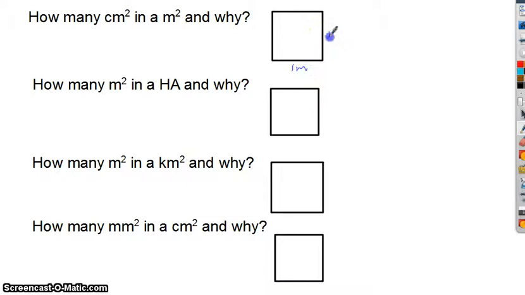But 1 metre by 1 metre does give us 1 metre squared, but we also know that because there's 100 centimetres and 100 centimetres in a metre, it's actually 100 by 100, so 100 times 100, giving us 10,000 centimetres squared. 1 metre squared equaling 10,000 centimetres squared.